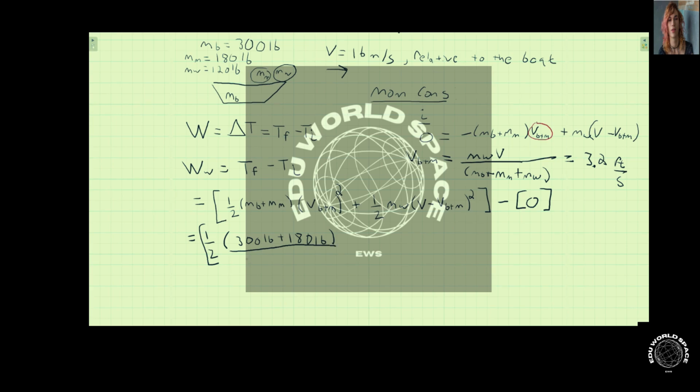So we need to use a conversion of 32.174 pounds per slug, which is the unit we need when we're using feet per second as our velocities. I'm sorry, this isn't meters per second. This is feet per second.